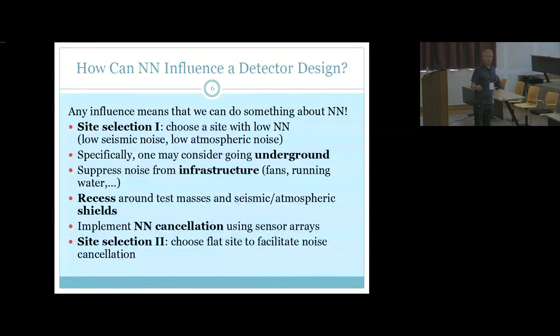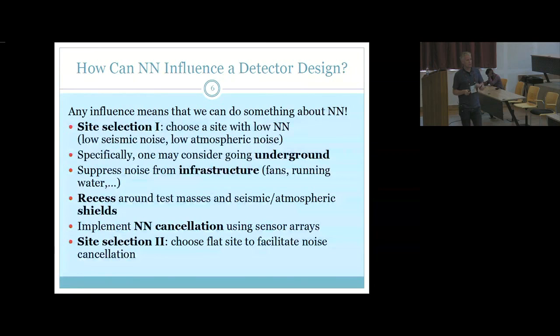And then something that we follow as, let's say, the most immediate way to deal with Newtonian noise is Newtonian noise cancellation. And I'm, in fact, also collaborating with Sanjit's group at IUCAA on this problem. The idea is that you can monitor the sources that produce your gravity fluctuations with an array of sensors.